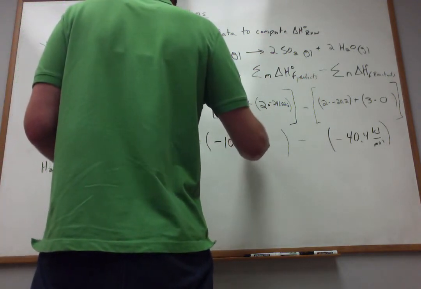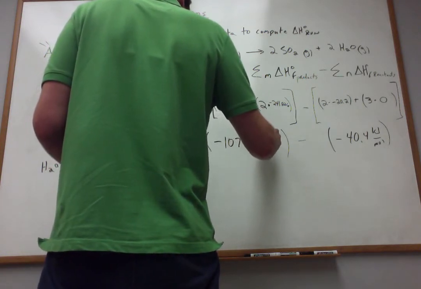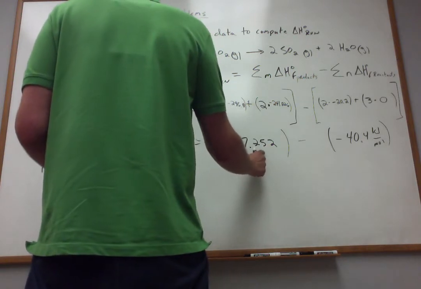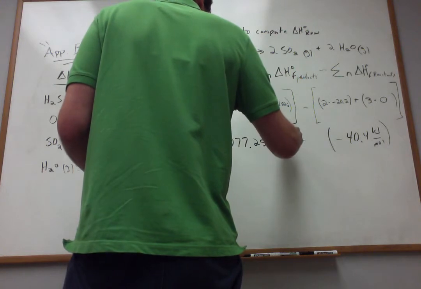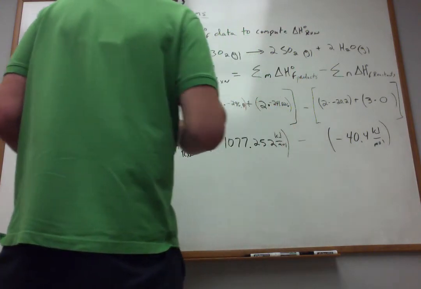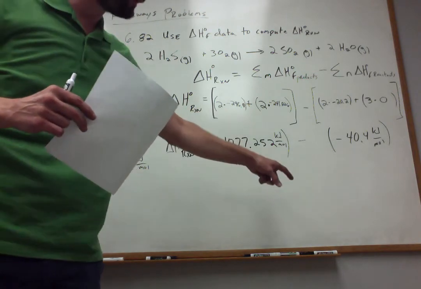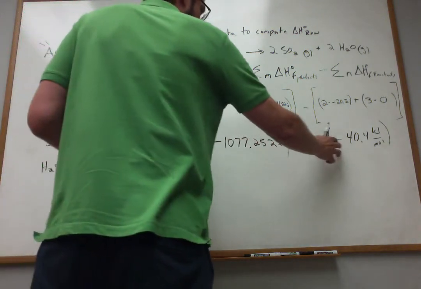This term on the left, if I multiply out and add everything up, ends up being negative 1077.252 kilojoule per mole for my products. Okay, so I have a negative 1077.252 minus a negative 40.4. Okay, so that, of course, these negatives sort of undo each other.